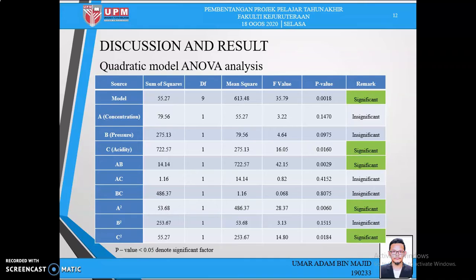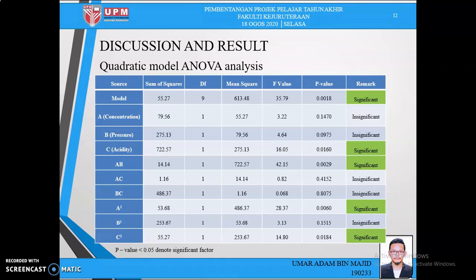Next, this is the ANOVA analysis result for the quadratic model. From this result, the interacting factors that are insignificant to the design are only AC and BC.